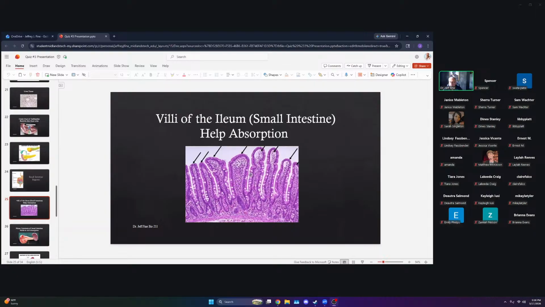The more surface area you have, the more opportunity to bind to nutrients there is. Okay, so know that this slide here is asking you, when it says name the part of the small intestine, know that these are the villi.